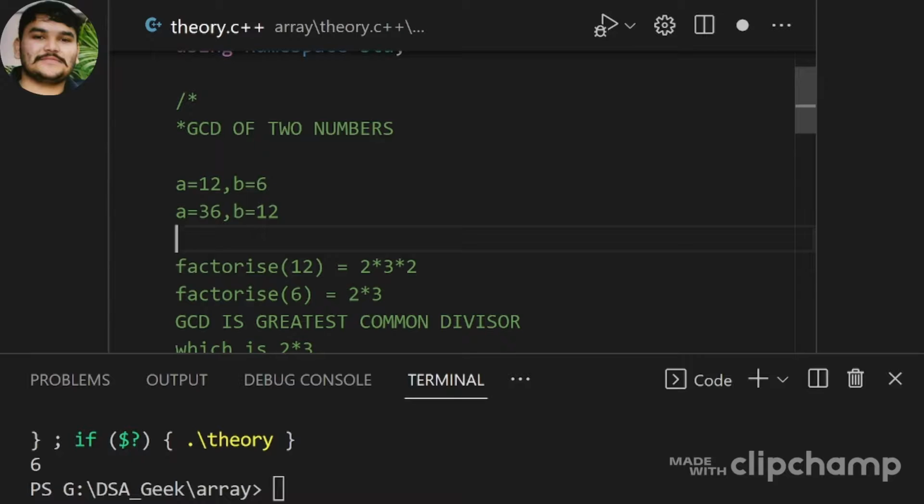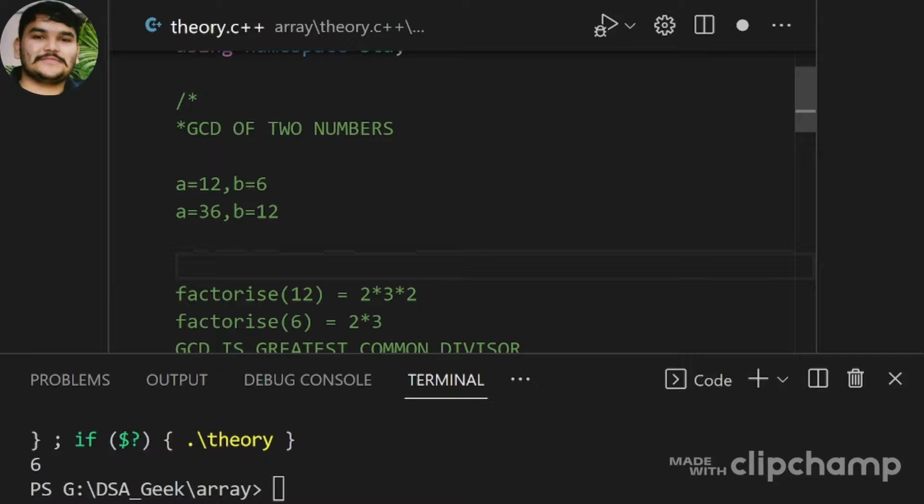When we call the GCD function, the Euclidean method, GCD of B, A mod B, here 36 mod 12 gives 0 again. So the GCD of these two numbers is 12.